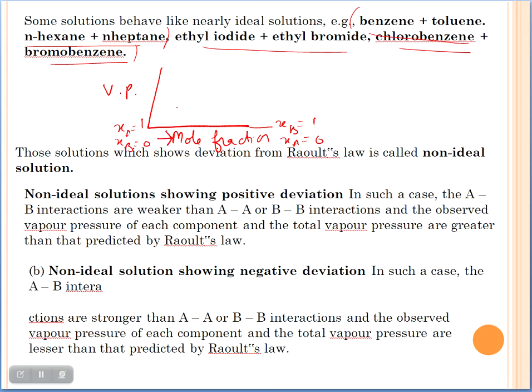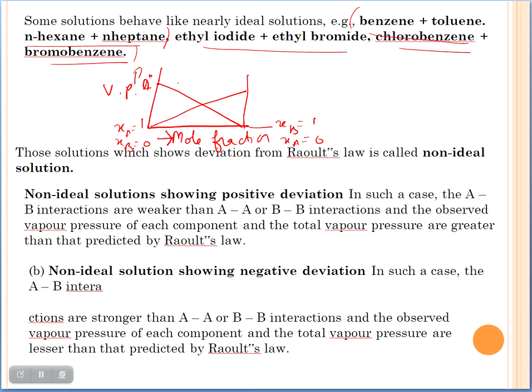As the mole fraction of A decreases, the vapor pressure of A component will also decrease, and the vapor pressure of B component will increase.